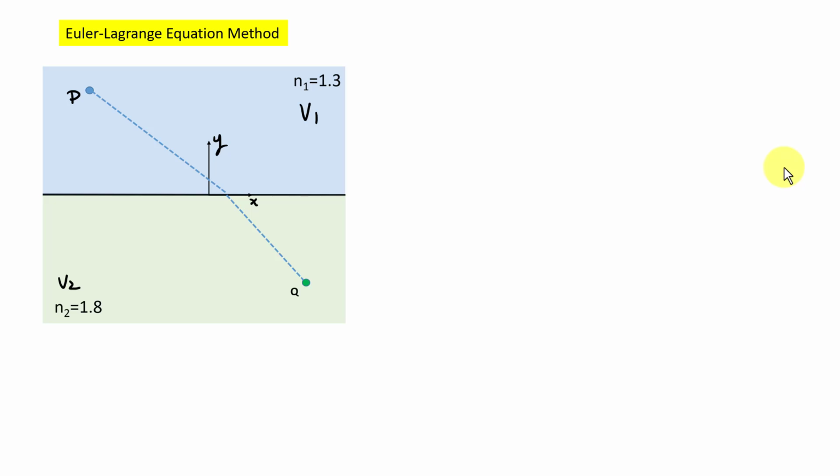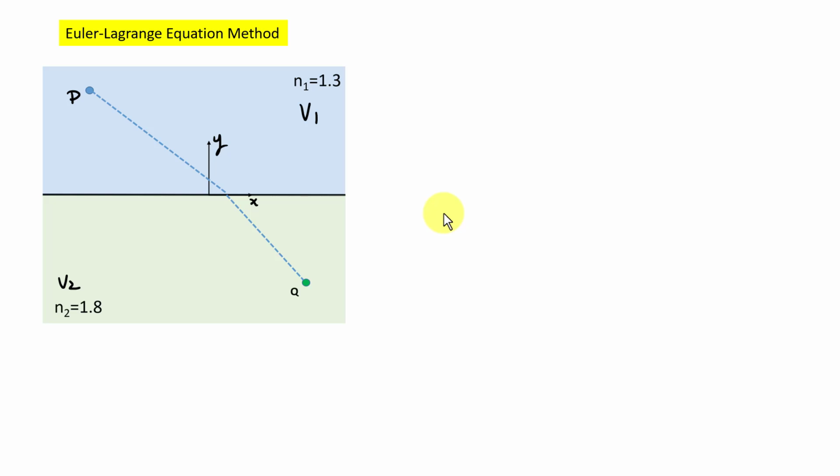All right, to start this Euler-Lagrange equation method, what I'm first going to highlight again is that we have medium 1 on top of medium 2 the way it is here. My coordinate system is defined here as y in the vertical direction. If they have different indices of refraction like I have here, it means that the speed will be different in the top half versus the bottom half.